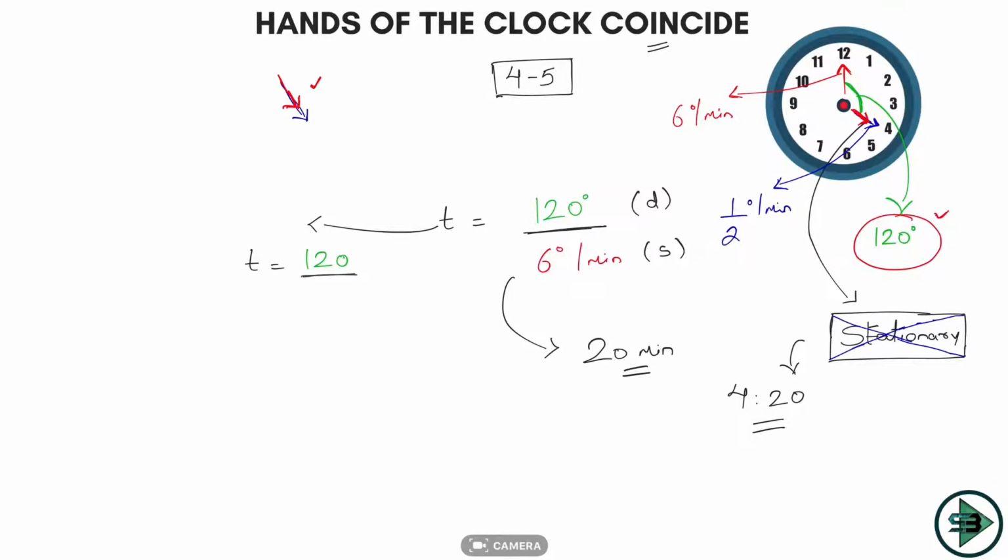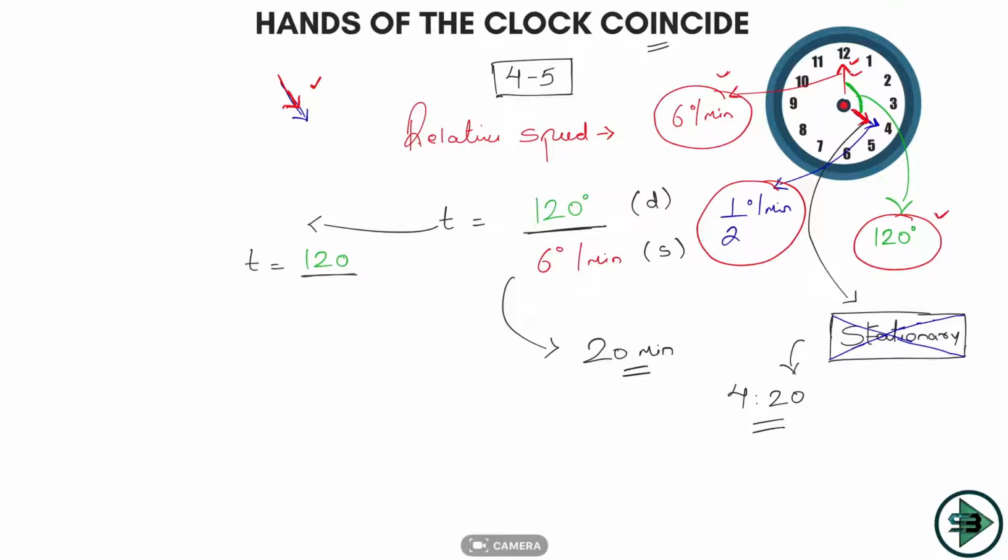Okay, now I need to find out what speed this minute hand is traveling at. It is not traveling at the speed of 6 degrees per minute. That is the speed of the minute hand. But what is the relative speed? That is not 6 degrees per minute. Why? Because when the minute hand is traveling by 6 degrees, the hour hand is also traveling ahead by half a degree.